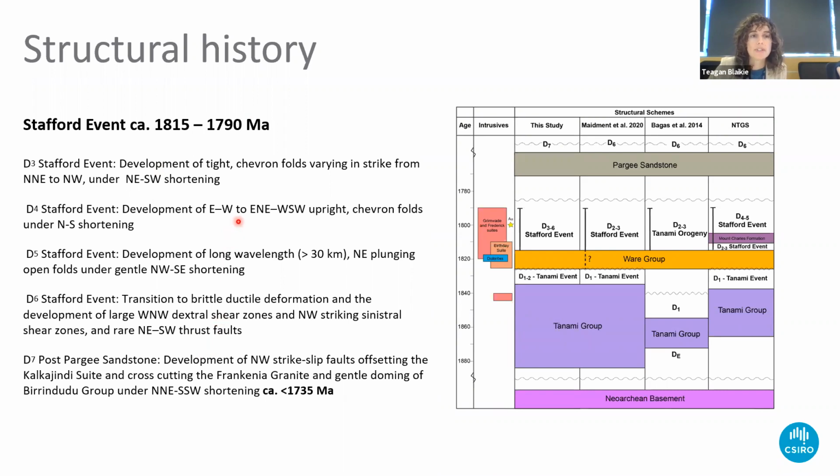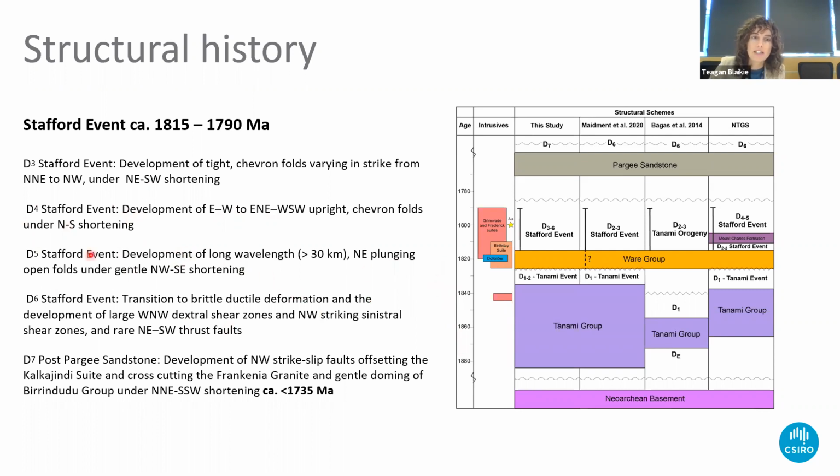So this tectonic event is associated with northeast-southwest shortening, associated with approximately north-northeast striking to northwest striking F3 folds. And then you've got the local development of east-west striking chevron style folds under north-south shortening during the fourth deformation event. And then we have the development of those major northeast striking long wavelength folds during D5.